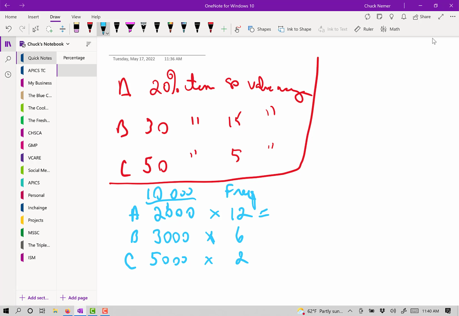So then what we end up doing is we multiply across. 2,000 times 12 gives us 24,000 counts. 3,000 times 6 counts a year is 18,000 counts, and 5,000 items 2 times a year is 10,000 counts. So in total, then, we would have 52,000 counts.